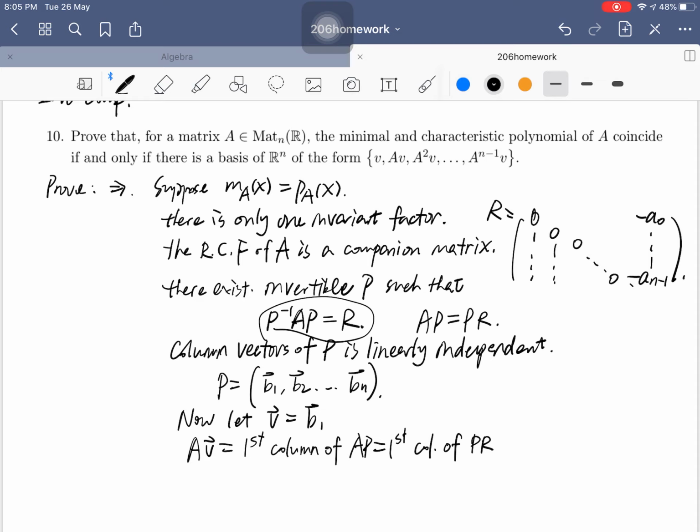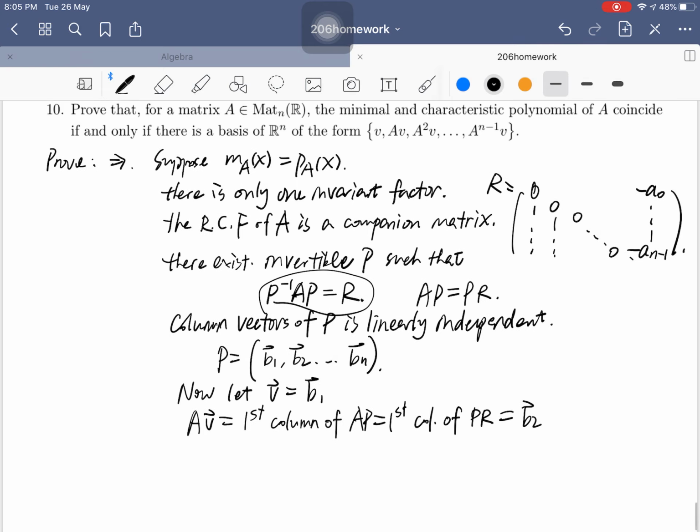If we investigate the first column of R, we can see that the first column of PR is just equal to the second column of P, which is B2. Similarly, let's investigate A squared v.